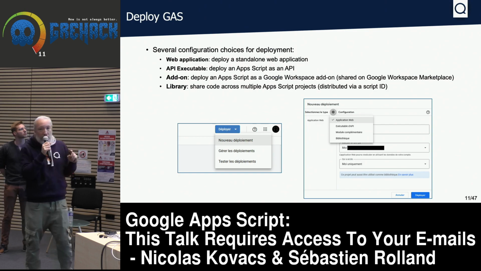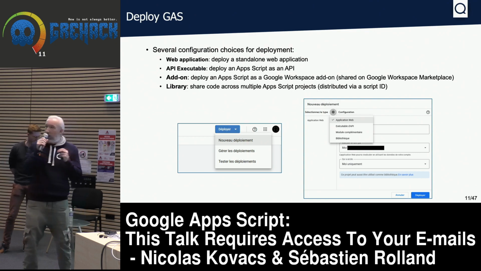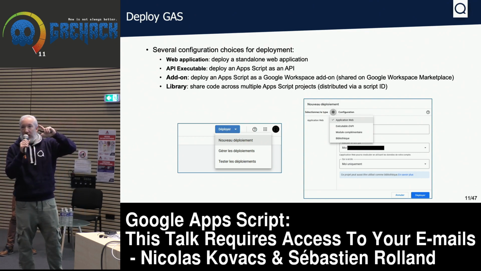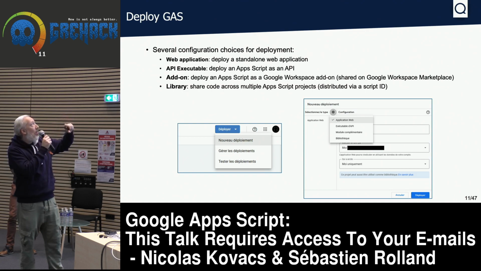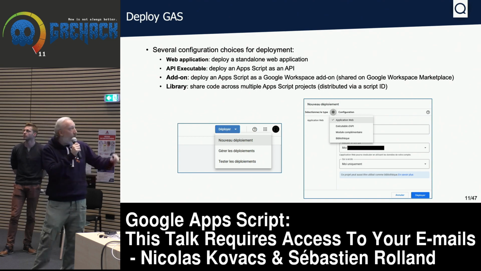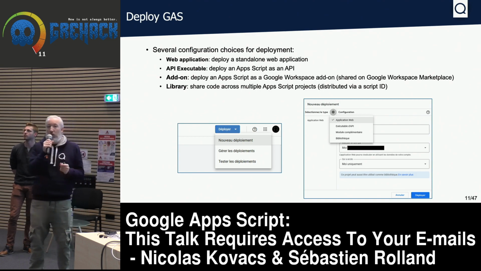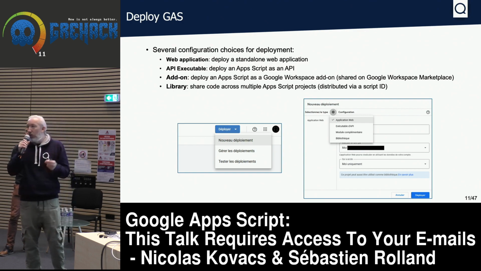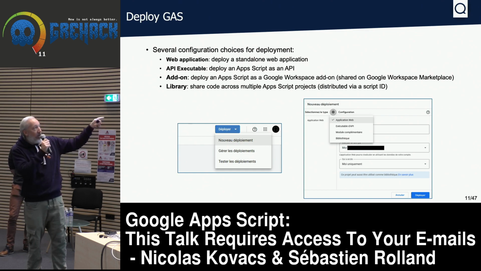It's important to know that on Google Apps Script, you can deploy your application as a web application, an API application, an add-on, or a library. And you will see that when you create an application, for example, a script that will delete an email, you can do it and deploy it as a web application.